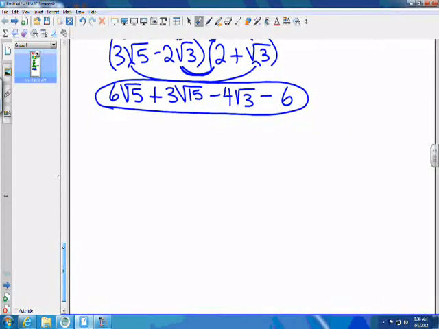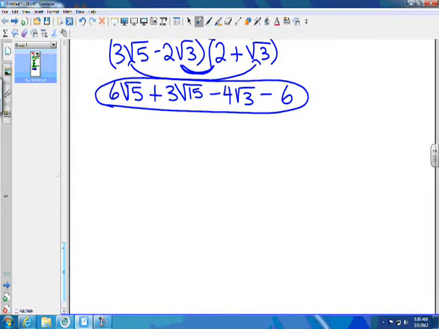Questions on that, on foiling, how we got any of those numbers? 5 square root 3 minus 6 times 5 square root 3 plus 6. So what do we have to do on a problem like this?